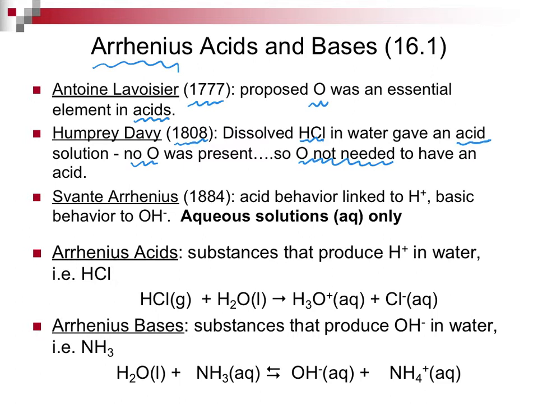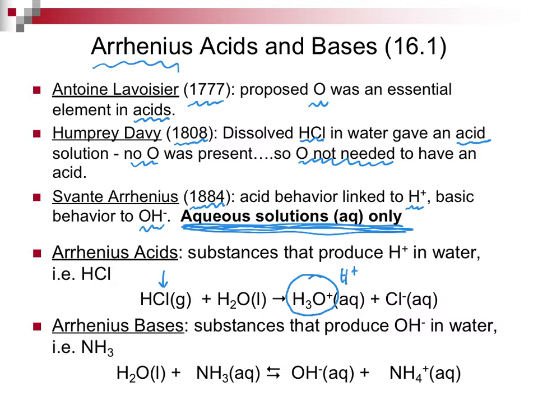So if we try to get scientific now, Arrhenius, same person from the kinetics chapter, he said acidic behavior was linked to H+. He said basic behavior was linked to OH-. And the thing to remember, hint, hint, multiple choice questions on exams, is Arrhenius is for aqueous solutions only. So these are facts that you just have to master. HCl is called an Arrhenius acid because when it goes into water, it produces H3O+, which is another way of writing H+.